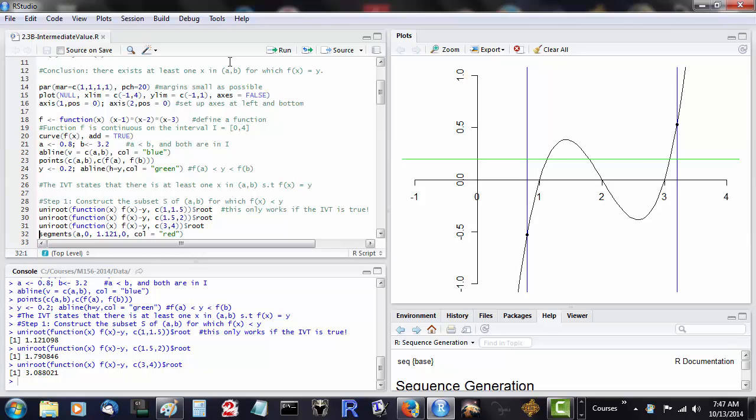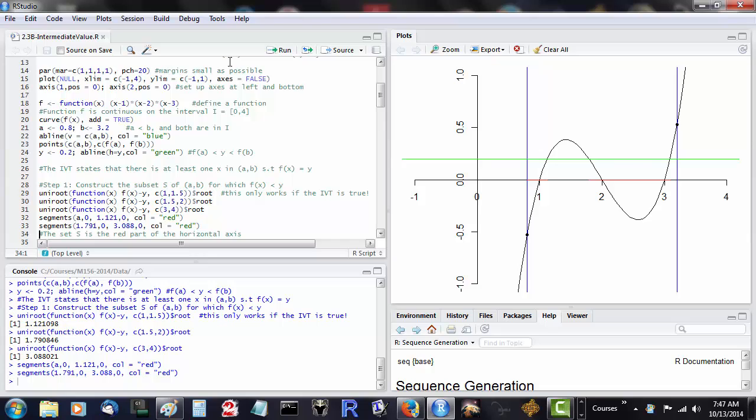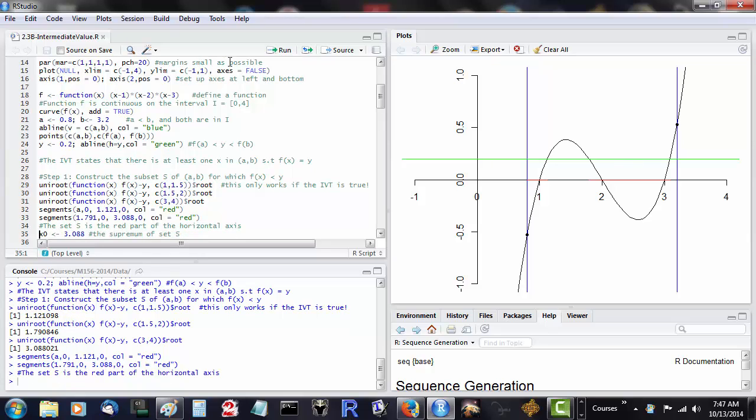And now I will color in on the horizontal axis the portion of that axis that corresponds to the set S. A little bit running from a to the first point of intersection, and then another segment running between the second and third places where the graph crosses the green line. So the set S, I repeat, is a subset of the domain. It corresponds to the red part of the horizontal axis.